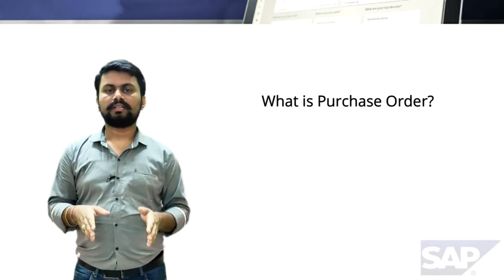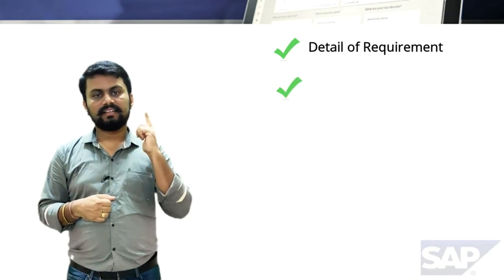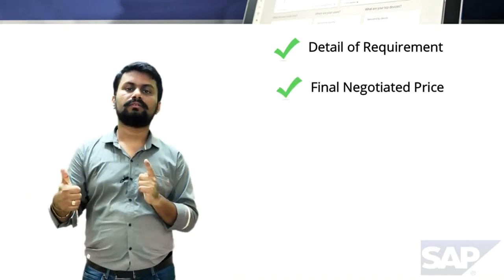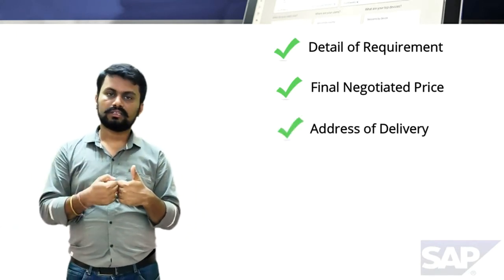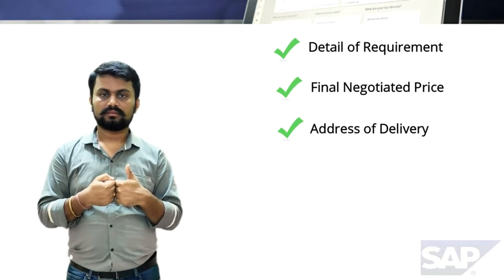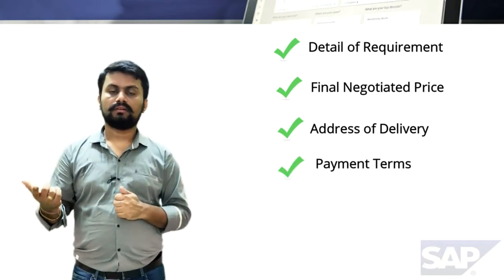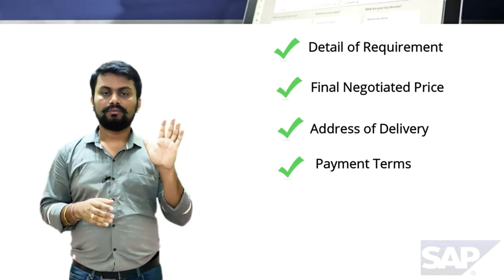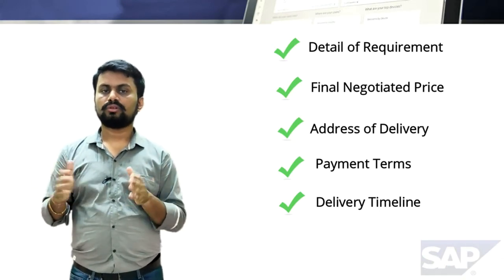This legal document is going to have the details of our requirement; second, the detailed negotiated price, which is the final price as per the quotation sent by the vendor; third, the address where he has to deliver the material or products or supply; fourth, payment terms, how we are going to pay, when we are going to pay, what is the timeline of payment; fifth, what is the timeline of delivery, in how many days he has to deliver.